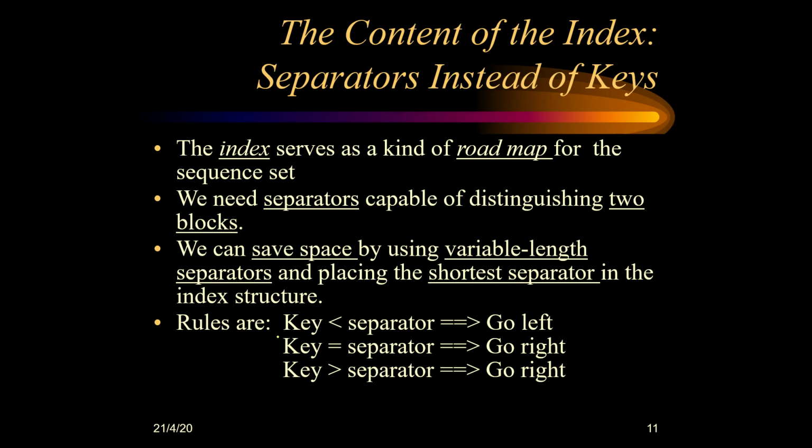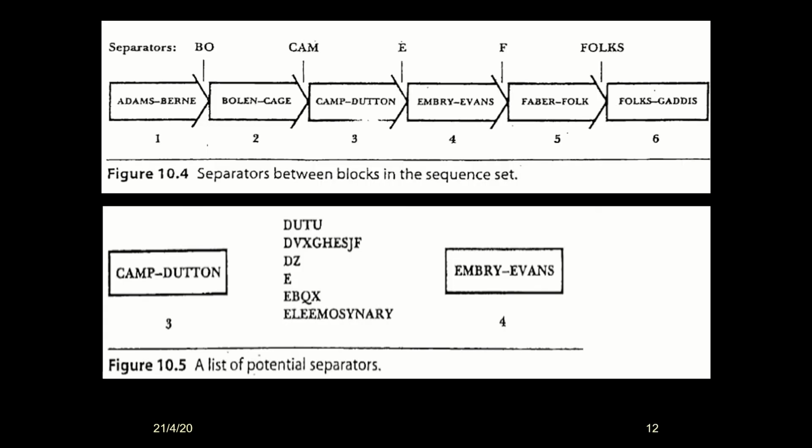The main rule to keep in mind is that every search key which is less than the separator will always go to the left block, and the key which is equal to the separator will go to the right block, and the key which is greater than the separator will go to the right block. We'll see this with an example.